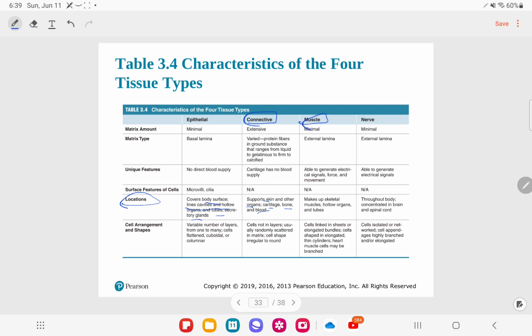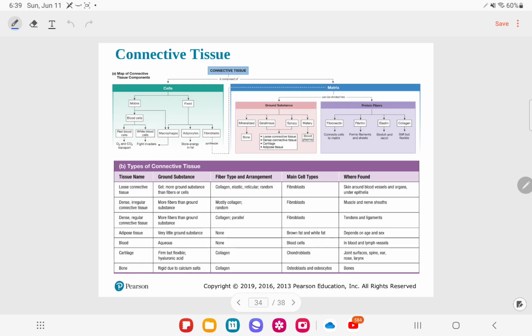Muscle tissue makes up skeletal muscles, hollow organs, and tubes. Nerve tissue is throughout the body, concentrated in the brain and spinal cord, but we also have cranial nerves and spinal nerves of the peripheral nervous system.